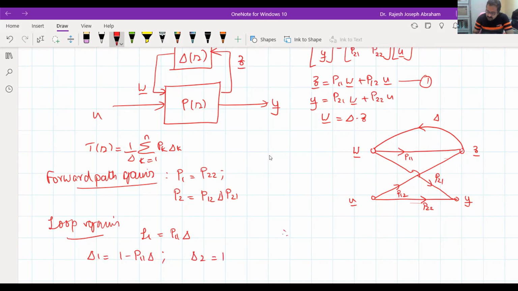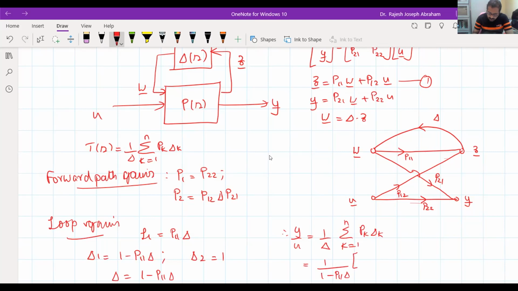So what will be the transfer function Y by U? What is delta now? 1 minus the sum of all loop gains, that means 1 minus P11 delta. Y by U is 1 by delta, sigma k equals 1 to N, Pk delta k. Delta here is 1 minus P11 delta.